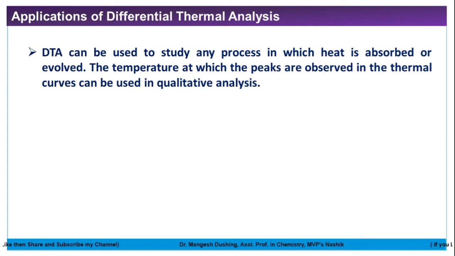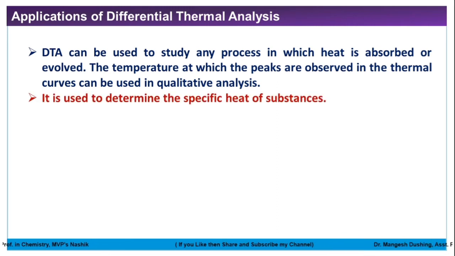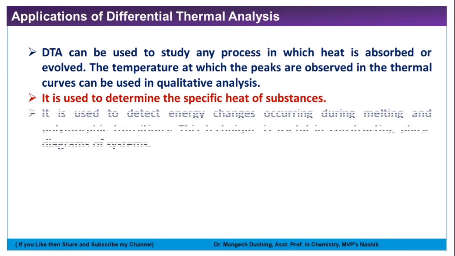The temperature at which the peaks are observed in the thermal curve can be used for qualitative analysis. What is the composition of the sample? It's determined from this differential thermal analysis by the peaks. It is used to determine the specific heat of substances. So what is the specific heat of the particular substance? That can be determined by this differential thermal analysis.